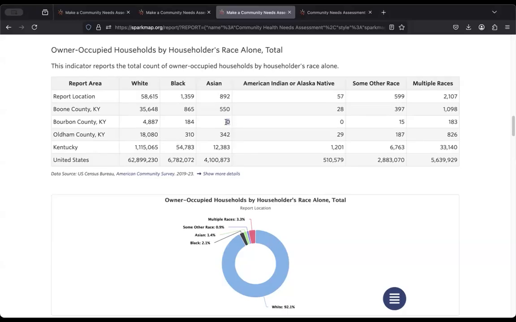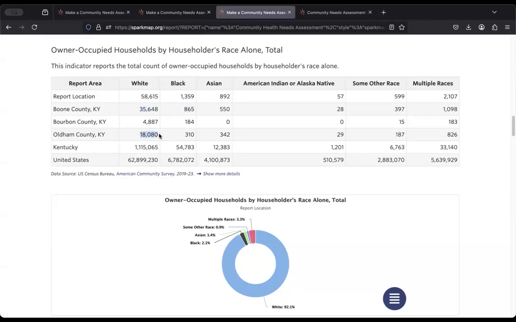We don't have a lot going on in terms of diversity among some of these race and ethnicity categories in some of our counties, but in others we definitely do. And so we would want to see a number like 35,000, something much closer, right, under this black category than we do currently.